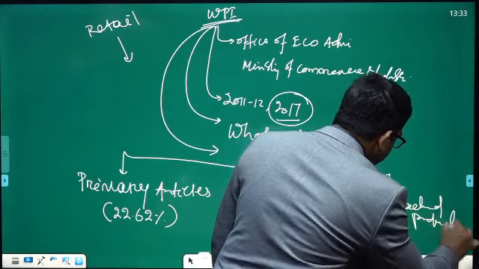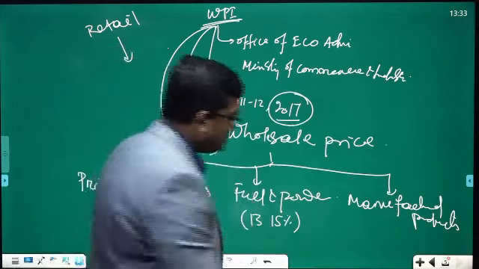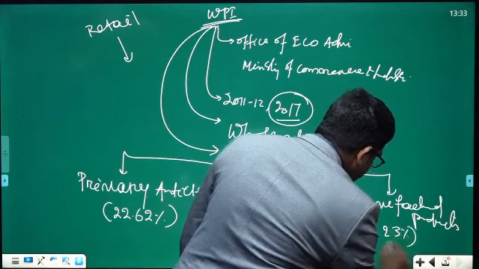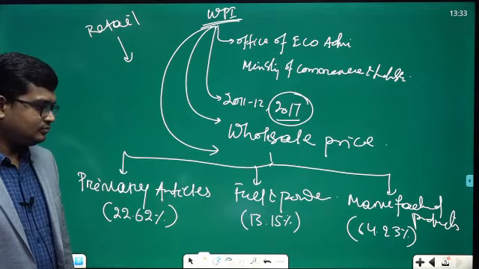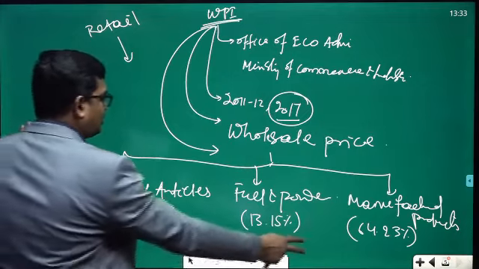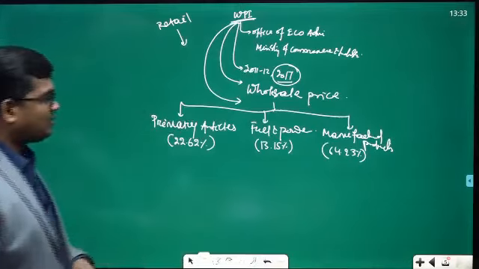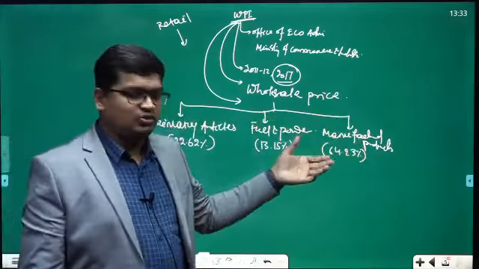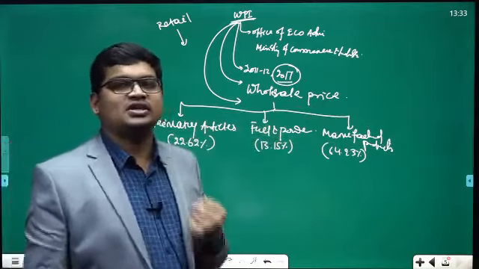Manufactured products. The weightage given to this category is 64.23%. So this could be a question for you in prelims. They can give you these three options and ask which of the following has the more weightage under the wholesale price index.